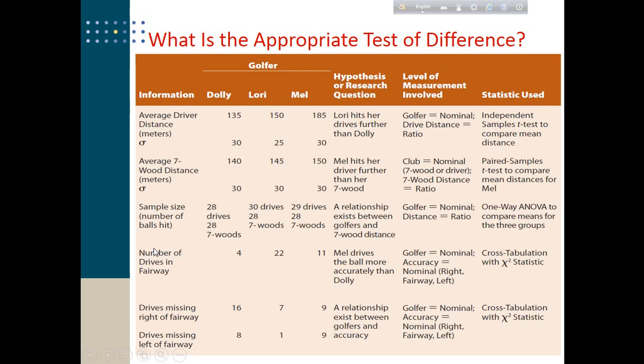Now, let's test whether there is a difference between these three golfers: the average drive distance of Dolly, the average drive distance of Laurie, and the average drive distance of Mel. Are they different from each other?